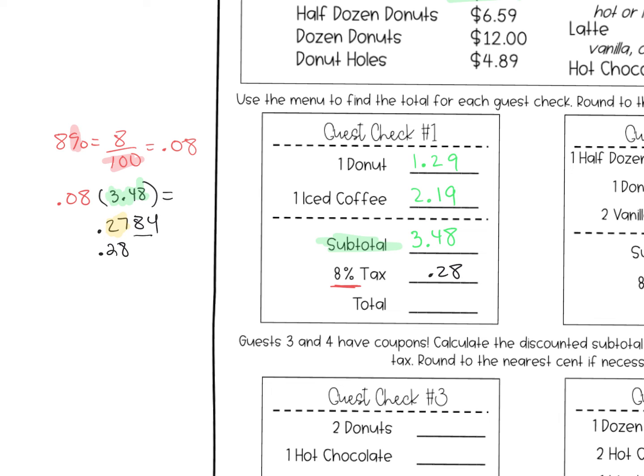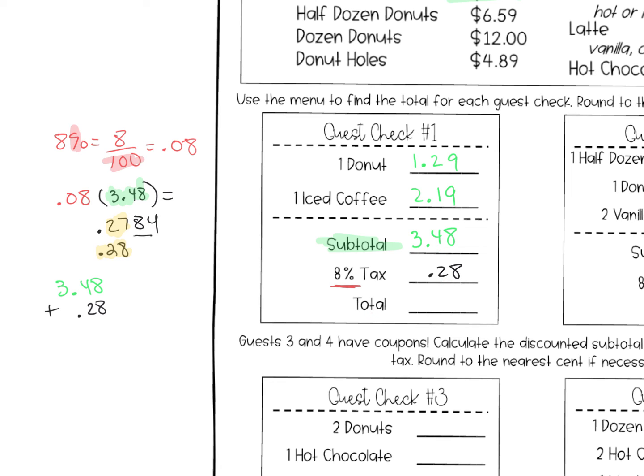And then the last thing that you have to do is add your total. So my total was $3.48, and I'm going to add the tax, which is 28 cents. And remember, I got that by multiplying my bill by the tax, which is 8%. All right. So total amount, tax.